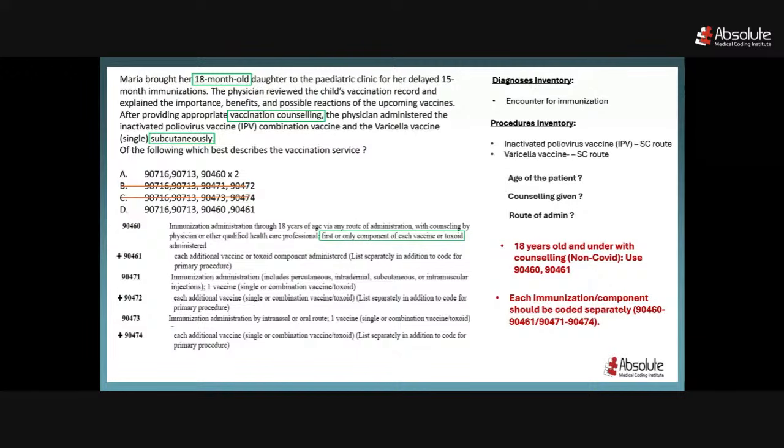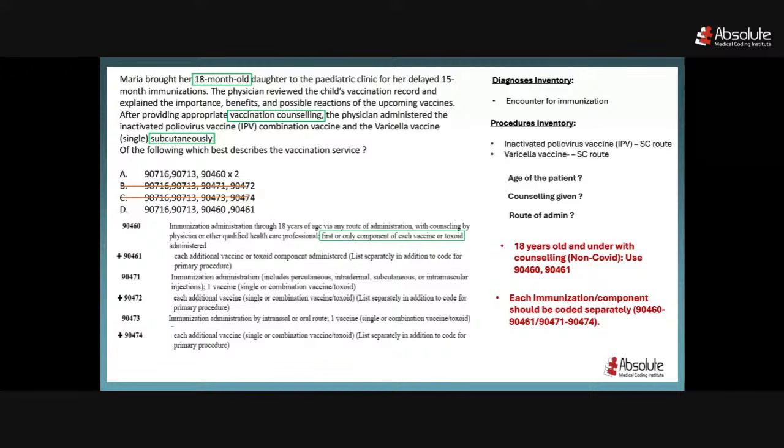How about the varicella vaccine? In varicella vaccine also there is one component. So 90460 should be used for the first or only component of each vaccine or toxoid.